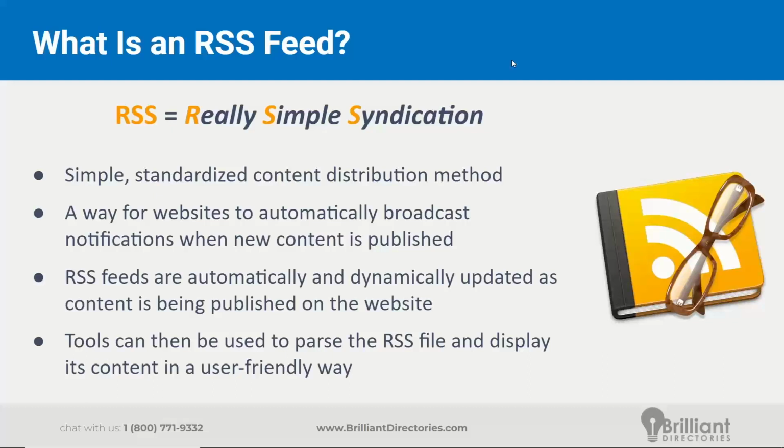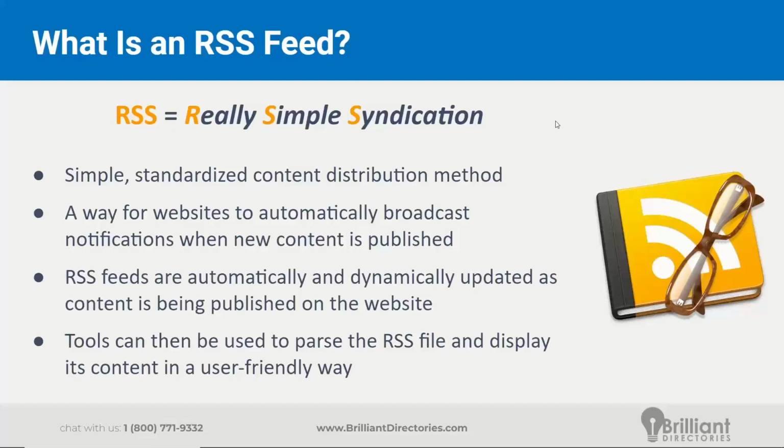It'll automatically and dynamically be updated as new content is being published on your website. So if you're publishing new blog articles, or your members are posting new events, your website's RSS feed will automatically be updated to reflect that newly published content. And then you can use a variety of tools for different methods of reading that data within the RSS feed and display it in a very user-friendly way.